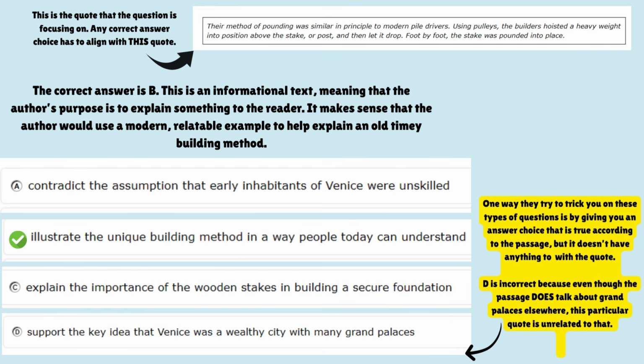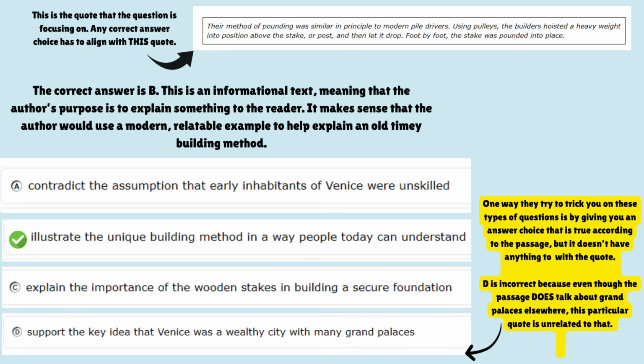Let's look at answer choice D. D is incorrect. Support the key idea that Venice was a wealthy city with many grand palaces. D is incorrect because even though the passage does talk about grand palaces elsewhere, this particular quote is unrelated to that.